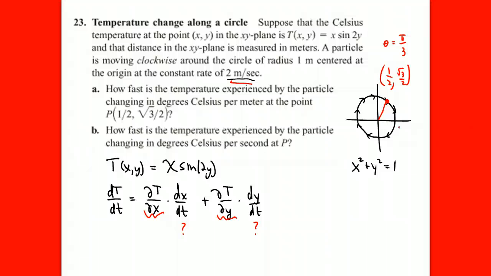What is that 2? Like we'll need to take the directional derivative, and our vector will be tangent to the circle. The different parts of it are dx/dt and dy/dt.